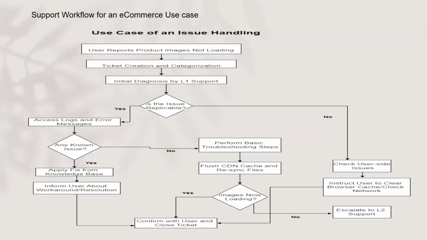And then if they find out, for example, that the user's browser cache is interfering, or some user side network is interfering, or let's say there are some security policies that are preventing the images from loading, then they give the instructions to the users. And then they confirm with the user and they close the ticket.